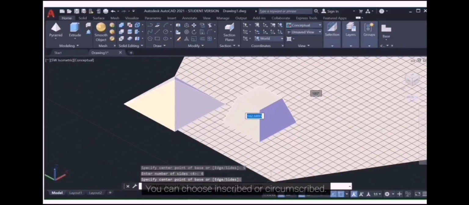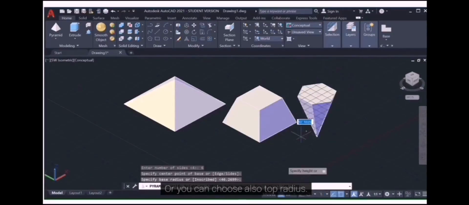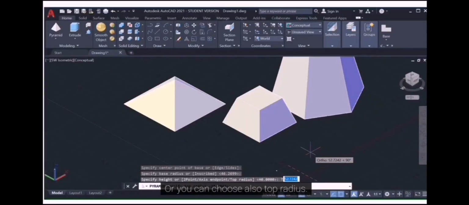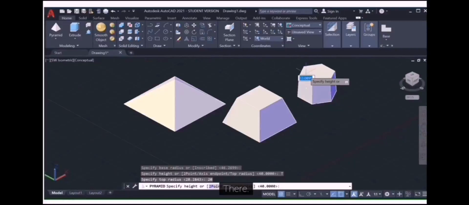You can choose inscribed or circumscribed. Or you can choose also top radius, 20 and 30.